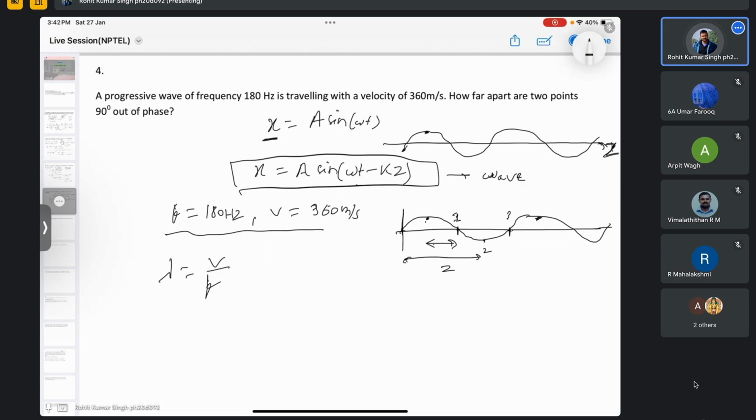Everyone knows this. So if we divide velocity by frequency, we get 2 meter. And what is the wavelength? Wavelength is that distance where 2 points are 360 degree apart. Okay, so this distance is the wavelength of this wave.